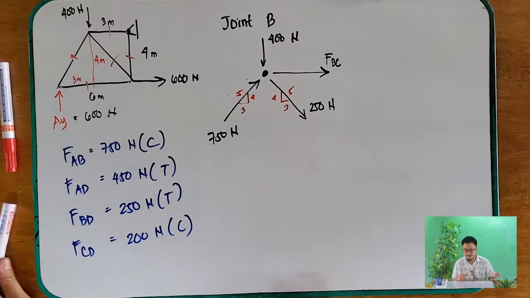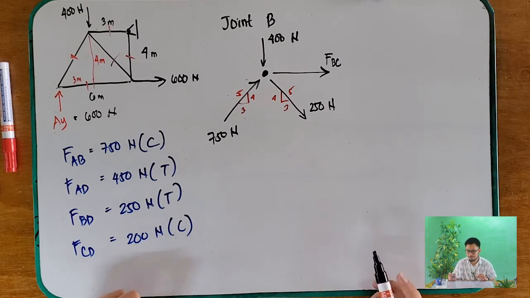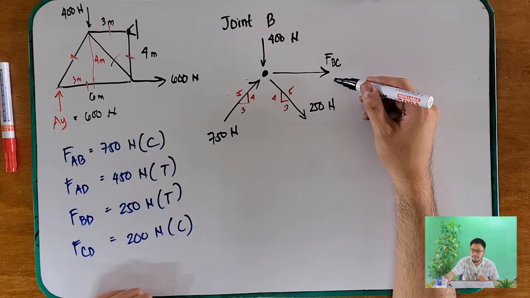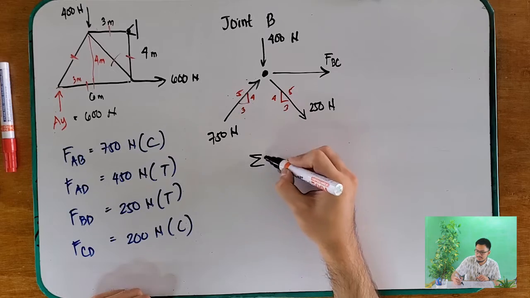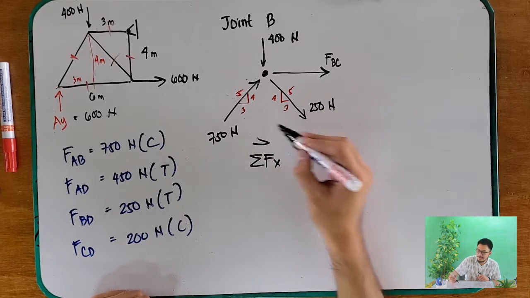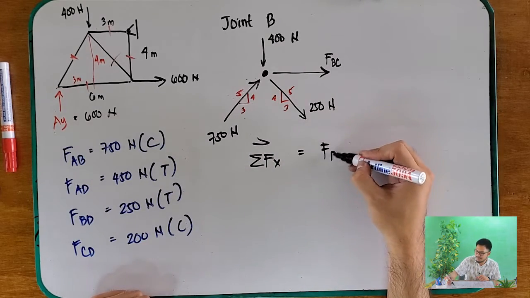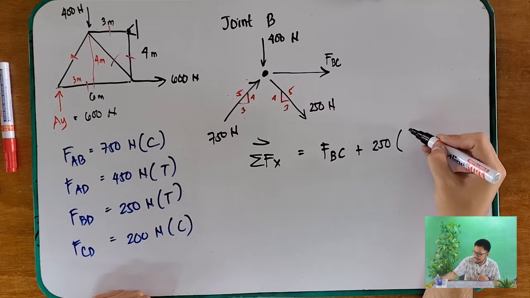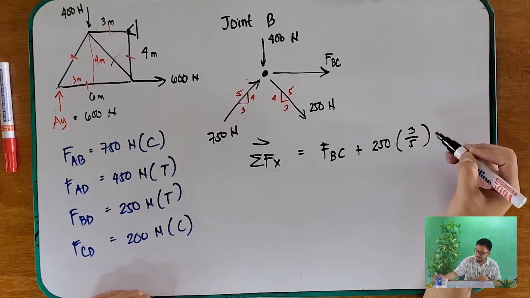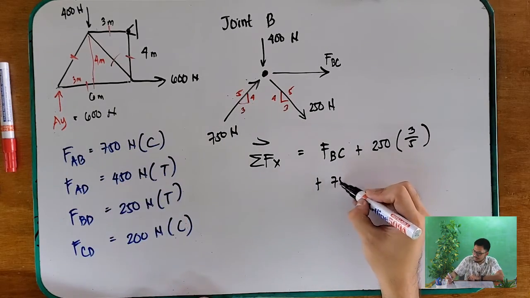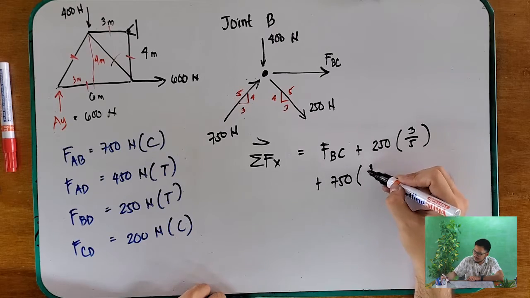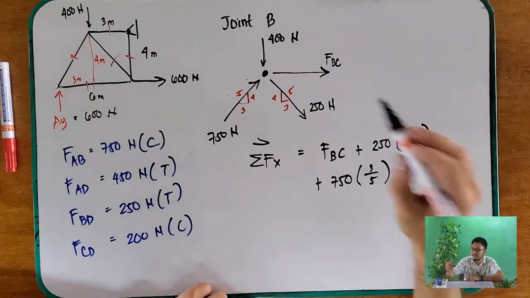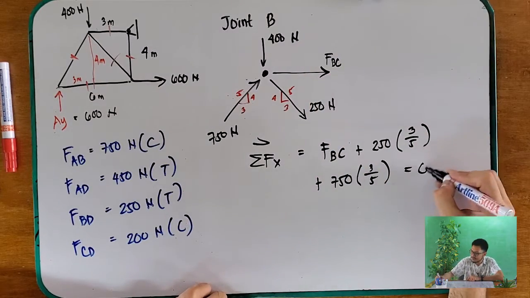Okay, so let's solve this one. For you to solve FBC, what are you going to use? X or Y? Of course, summation of forces along the X going there is equal to FBC plus 250 times 3/5 plus 750 times 3/5. Should we include 400? No, because it only has Y component. So there, 0.